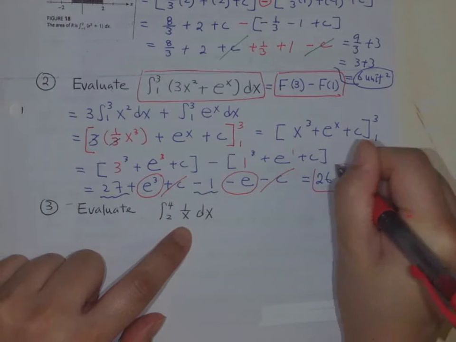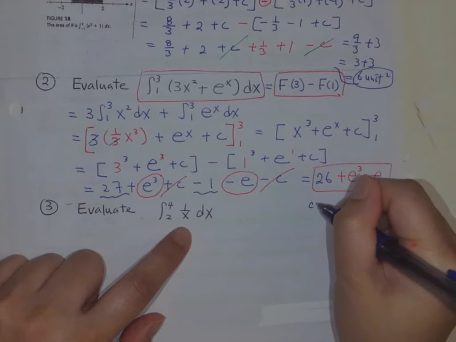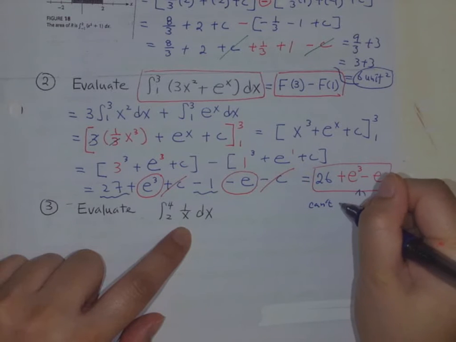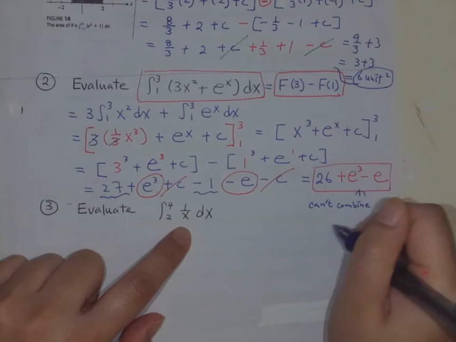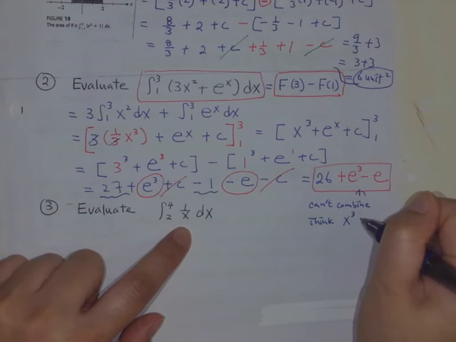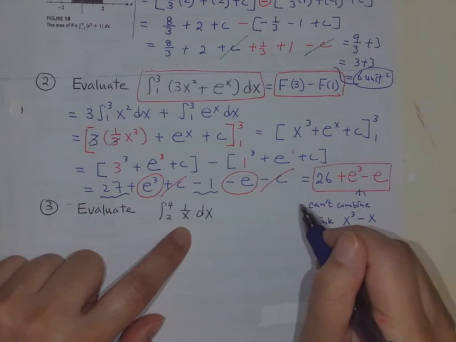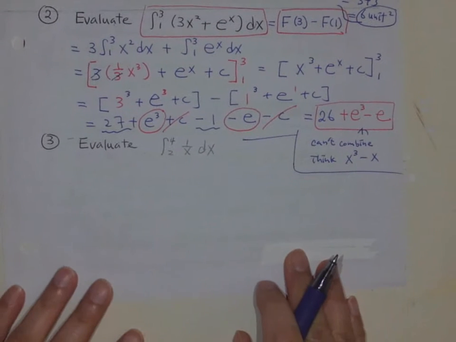So that's your answer. Just be careful. We cannot combine these two. You can think about one of them as x cubed minus an x. They're not like terms, unless they're multiplying together, then you can do it. Okay, so that's the example there.